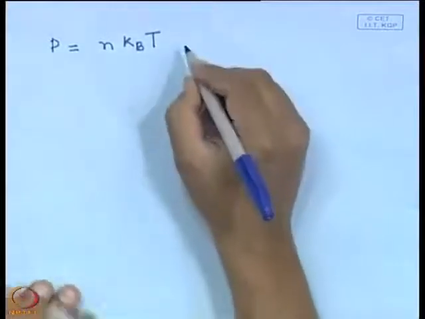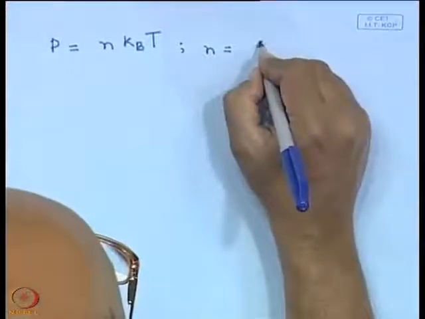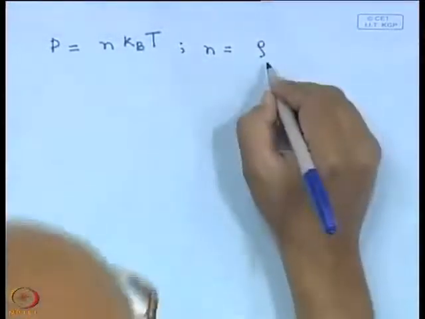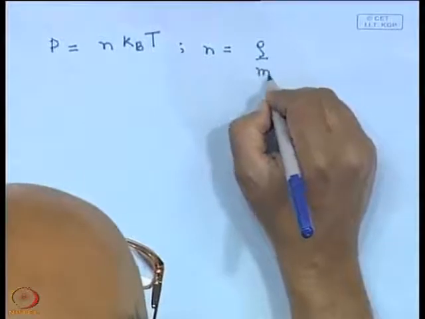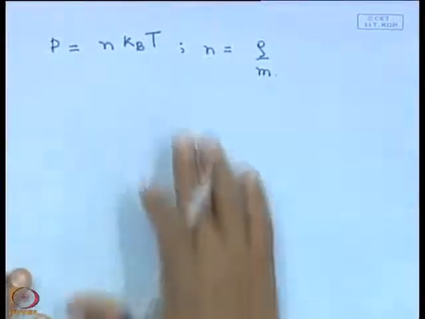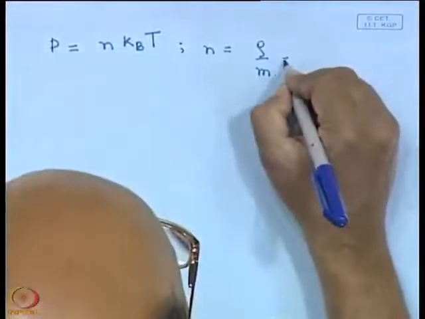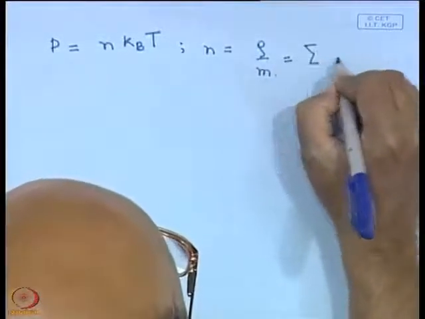Now the number density n is the mass density divided by the mass of individual particles. And if I have many species of particles, I have to then add up the contribution from each of these species.